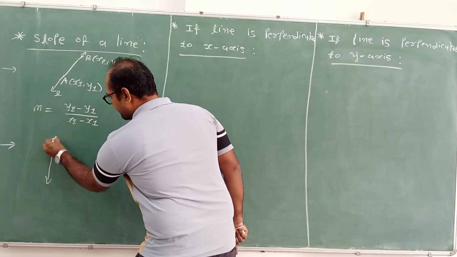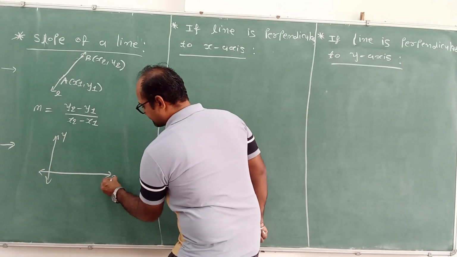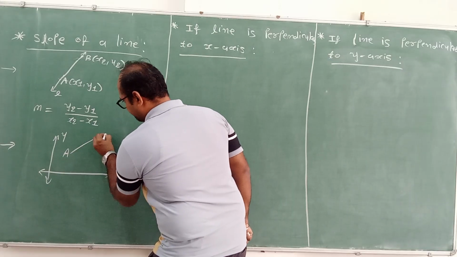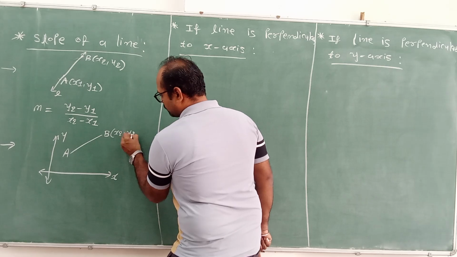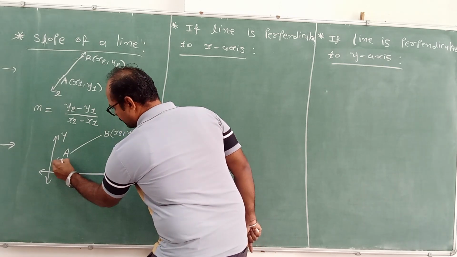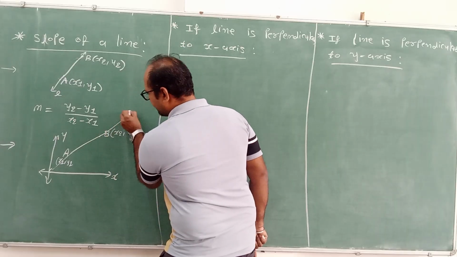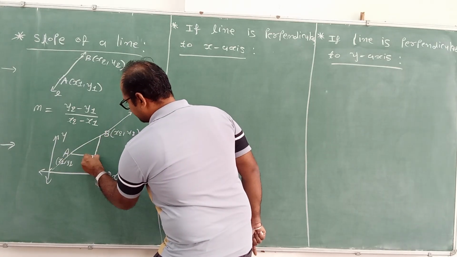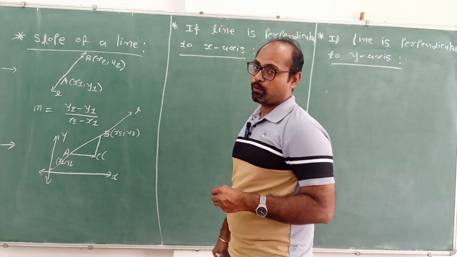Another form of the slope is like this. Here is the y-axis, obviously this is the x-axis, and here are two points: A (x1, y1) and B (x2, y2). So this is line L. Now we put a third point C. What is the component of this third point?